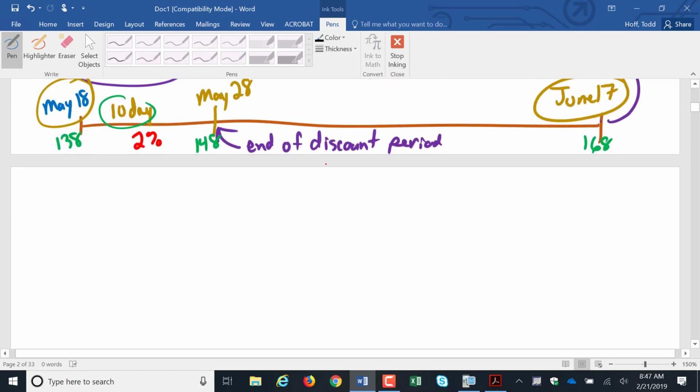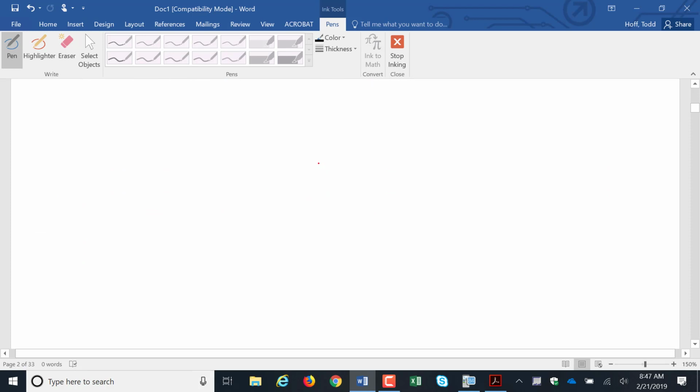So let's look at a couple of quick examples of how this works. So let's say we've got an invoice dated August 21st. I'm not going to fill in a year here so that this can kind of span years. The amount, we're going to keep this simple. We're just going to say it's $950 is the amount of this invoice.